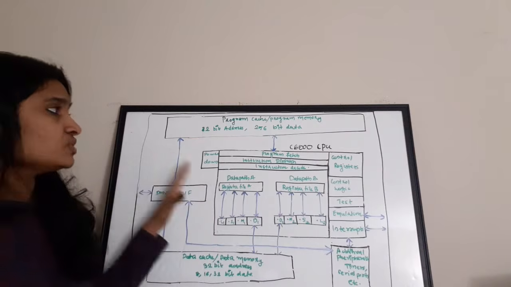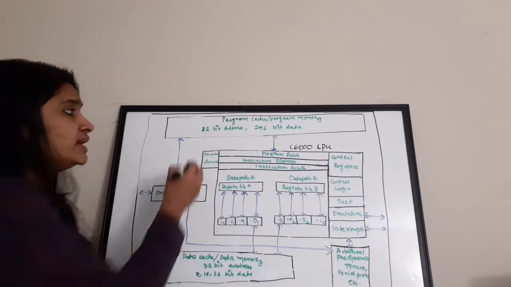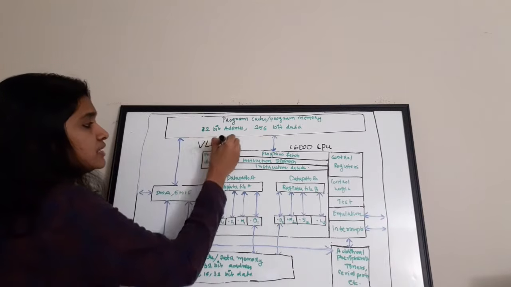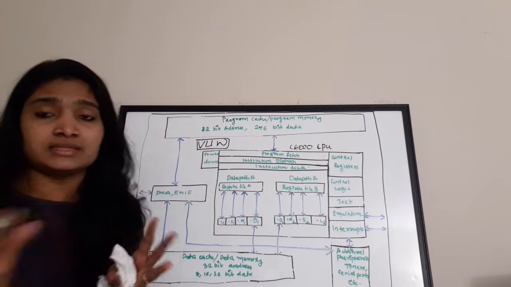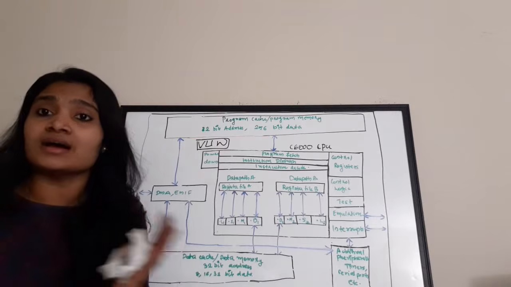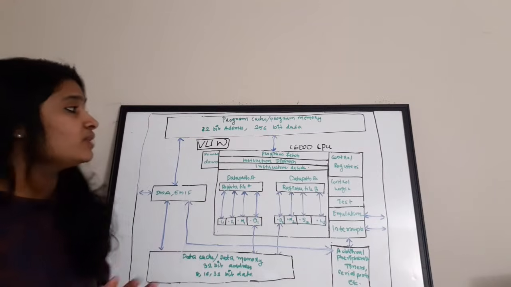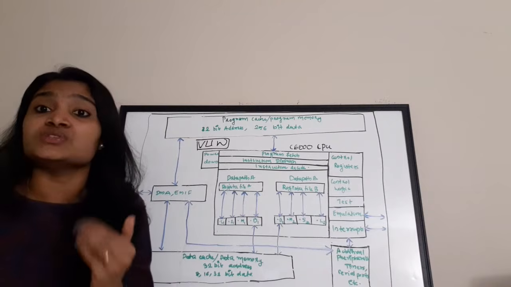The C6000 family follows the VLIW architecture. VLIW means very large instruction word. That is, these DSPs are capable of processing very large instruction words, and they allow parallel processing of these instructions.